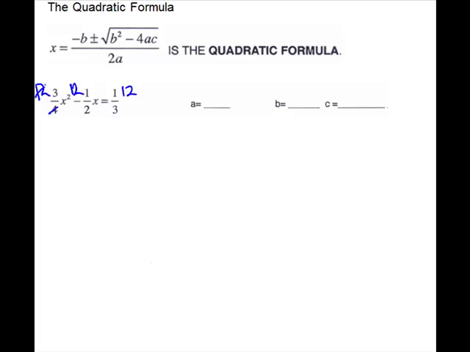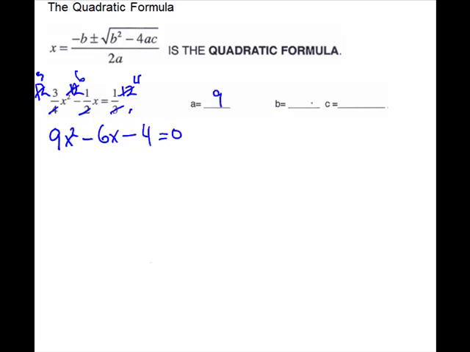So 4 will go into 12 3 times. 3 times 3 gives us 9x squared. My 2 will go into 12 6 times. 6 times 1 is 6x. So minus 6x. My 3 will go into 12 4 times. It's on the other side, so we'll subtract a 4 equals 0.